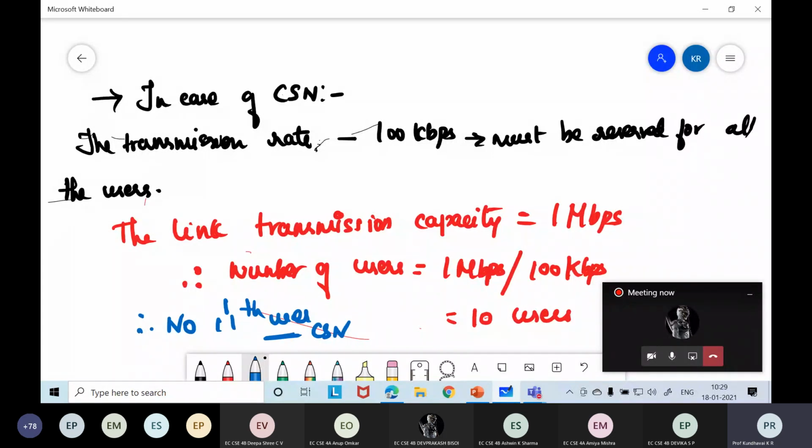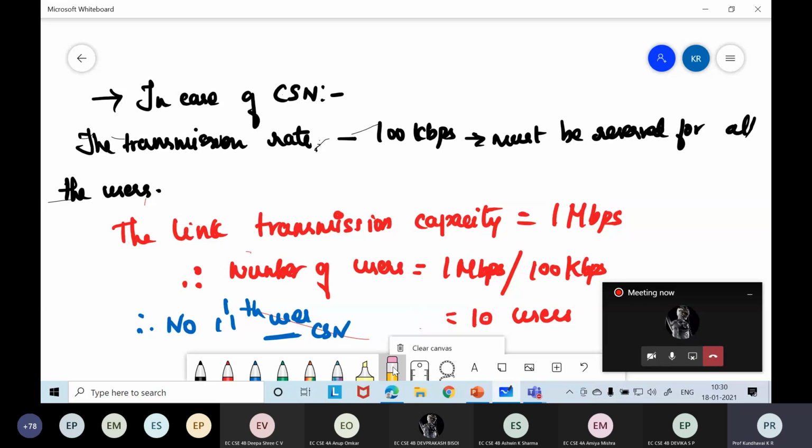We are moving on to packet switched networks now. Here we are going to see it in a different way. In the circuit switched case, since a constant data transmission rate is reserved for all the users, we can conclude that only these many users will be there, and not even one more person can be added.